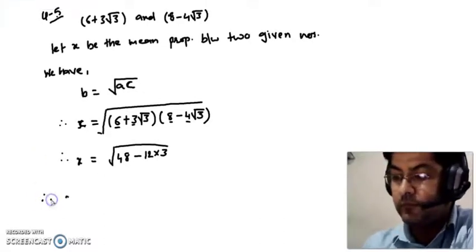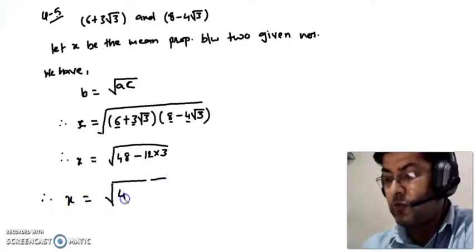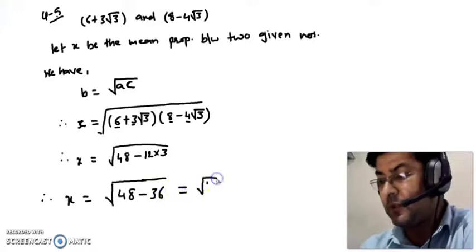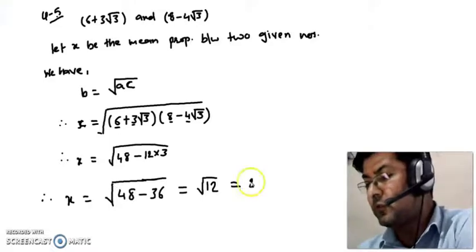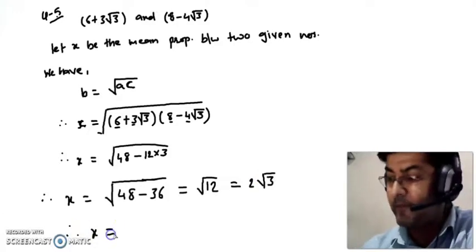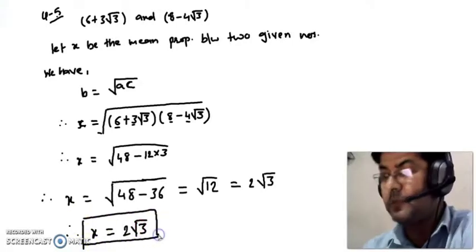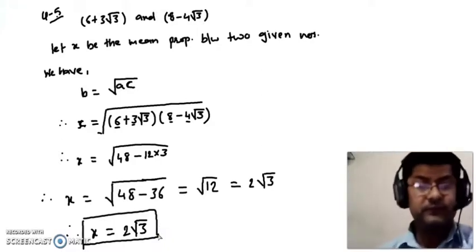Therefore x is equal to square root of 48 minus 36, which is square root of 12, which is 2 root 3. Clear? And therefore the value of x is 2 root 3. This is the mean proportional between the two numbers a and c.